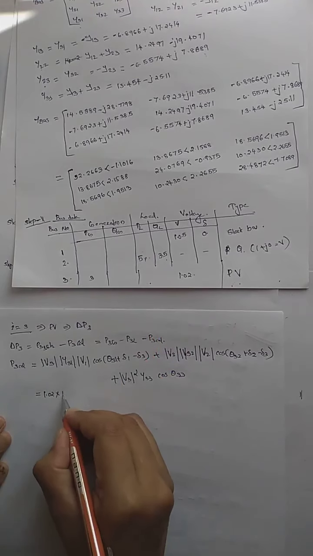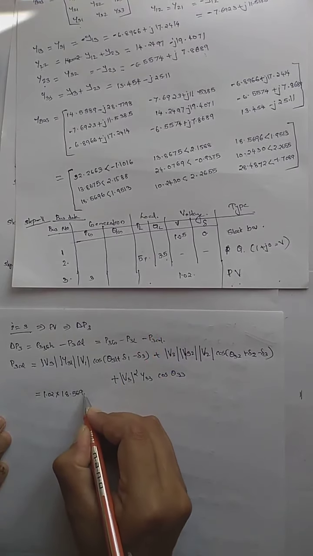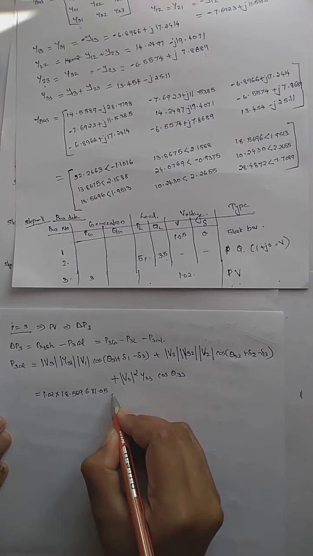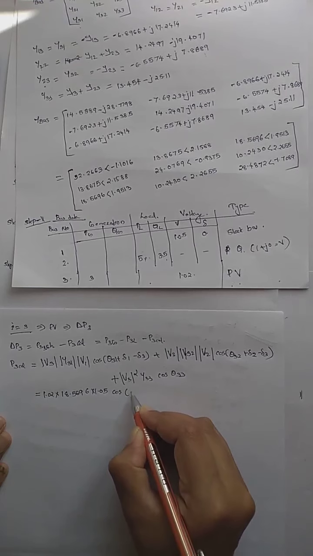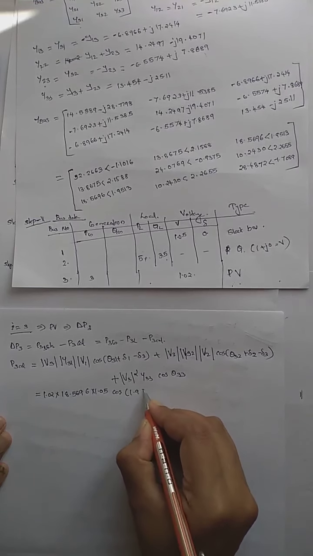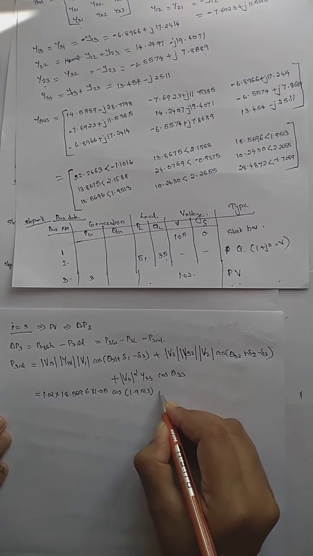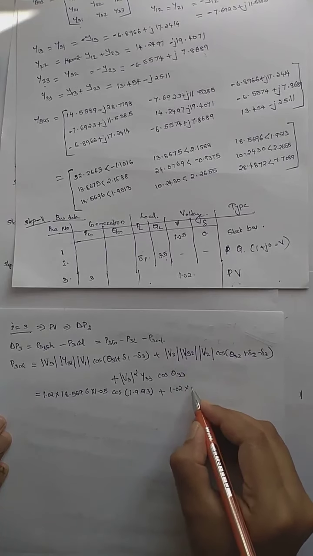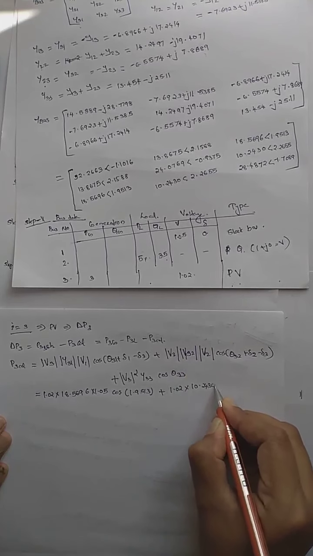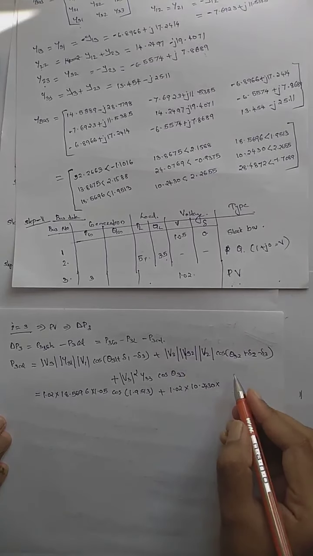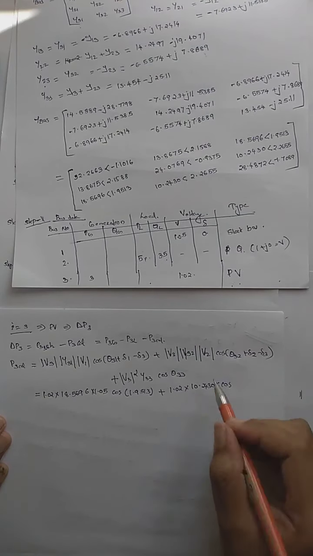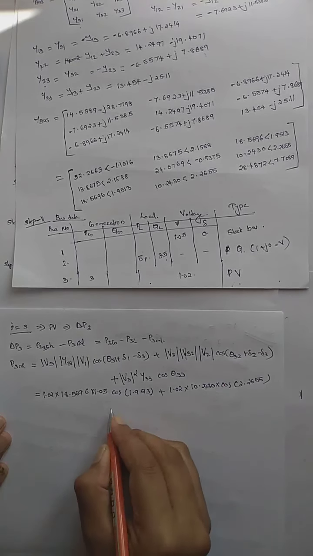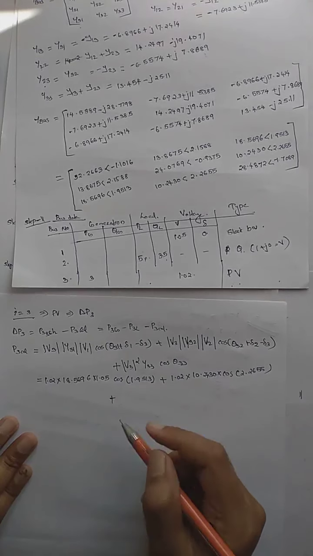Y31 value is 18.5696 into V1 is 1.05 into cos of theta 31, that is 1.9513, plus V3 value is 1.02 into Y32 value is 10.2430 into V2 value is 1, cos of theta 32 is 2.2655, plus what is V3 square?